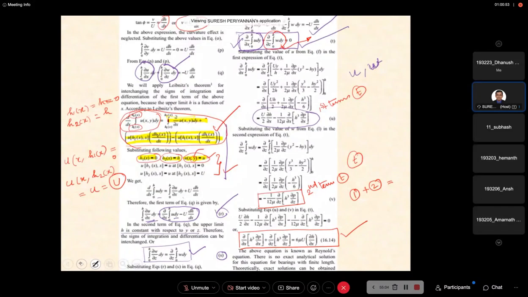Okay. But in general, finally, the Reynolds equation helps us to understand the thick film lubrication behavior. In that sense, hydrodynamic lubrication behavior we are able to understand with the help of the Reynolds equation. The fluid velocity, the lubricant velocity with respect to x, y, z direction, we are able to understand with the help of the Reynolds equation using this relation.